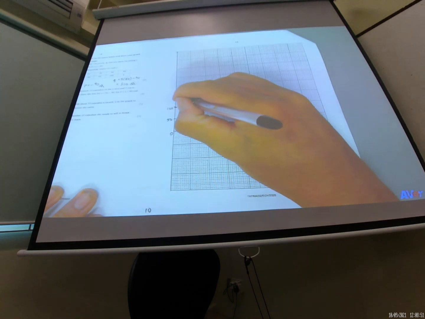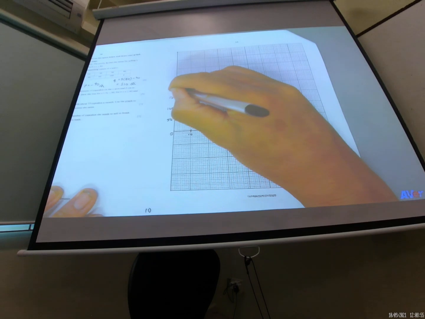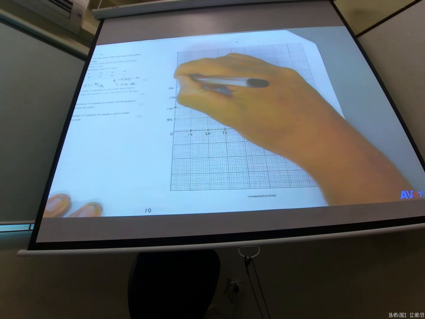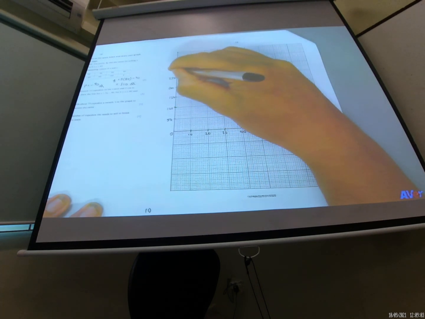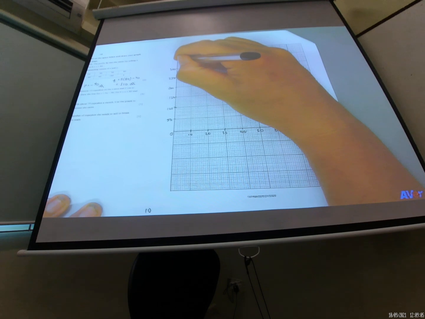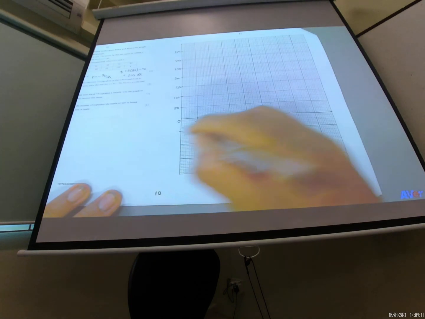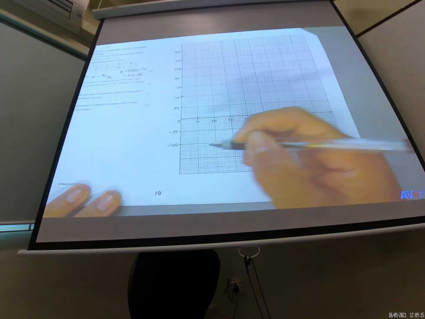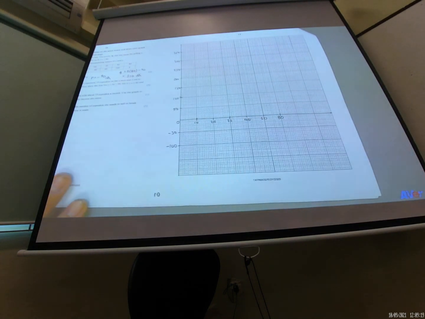Another 2 cm, $150. Another 2 cm, $200. Another 2 cm, $250. Another 2 cm, 300. Another 2 cm, 350. In the negative direction, 2 cm, negative 50. Another 2 cm, negative 100. Okay? Plot.